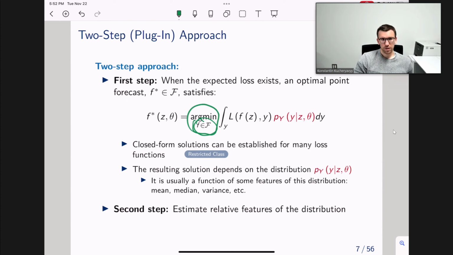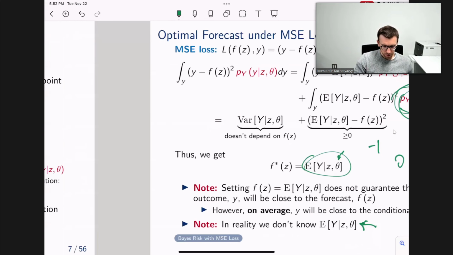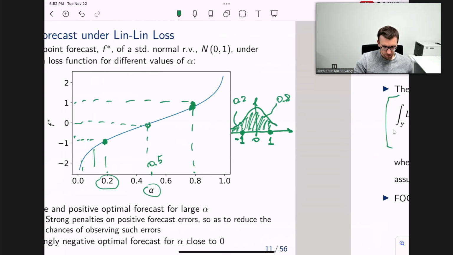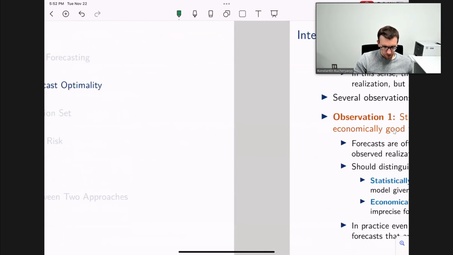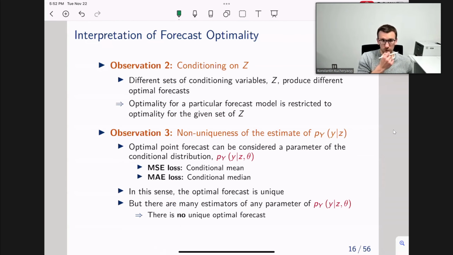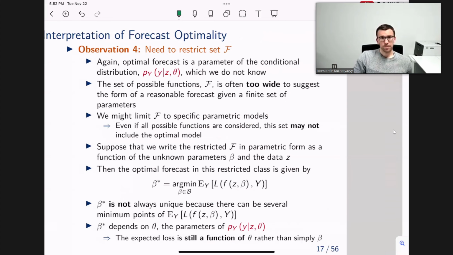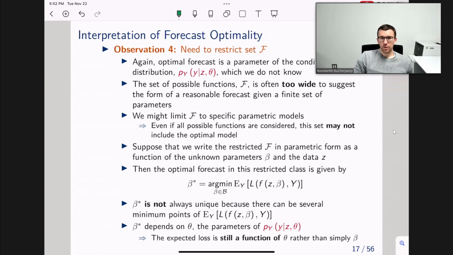We are restricting ourselves within a particular class of models parametrized by some parameters, say. That means that we are not even searching across all possible models, because otherwise it can be infeasible.